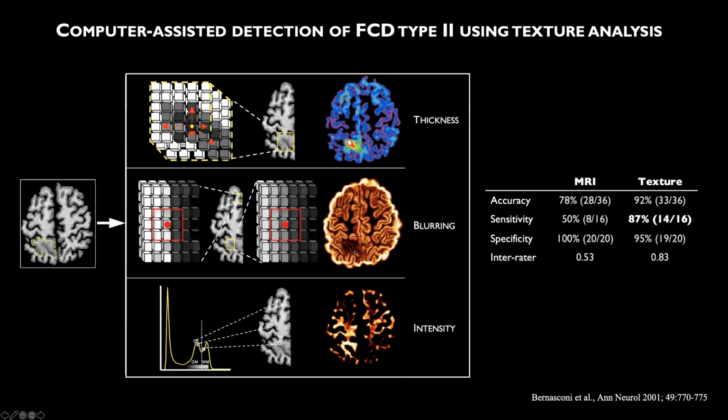To model the hyperintense signal associated with the lesion, we calculated the absolute difference between the intensity of a given voxel and the intensity at the boundary between the gray matter and white matter, defined using a histogram.